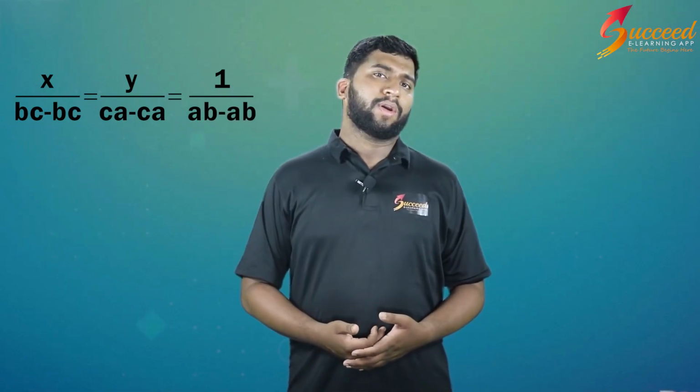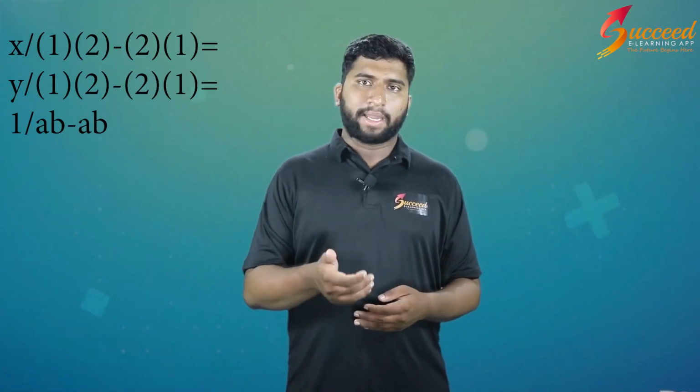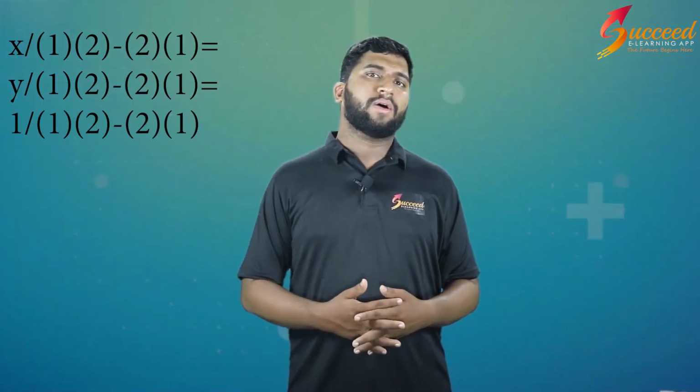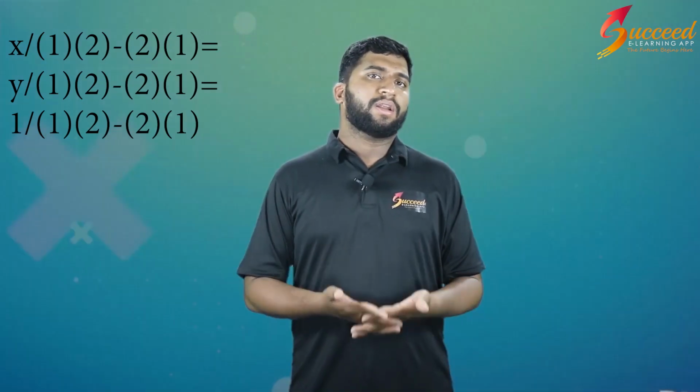Then you can put in the numbers: B1 C2 minus B2 C1, so you put 1, 2 minus 2, 1. Similarly for CA, 1, 2 minus 2, 1. Similarly for the last one, 1, 2 minus 2, 1. So this is how you remember the formula for the cross multiplication method.